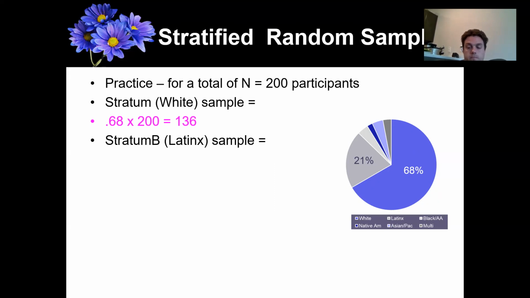Okay. Let's say the Latinx population, or percentage of the population of interest, is 21%. Well, then again, of my 200 people, 21% should be Latinx. So that would be 42 people in my sample that are going to be Latinx. Okay.